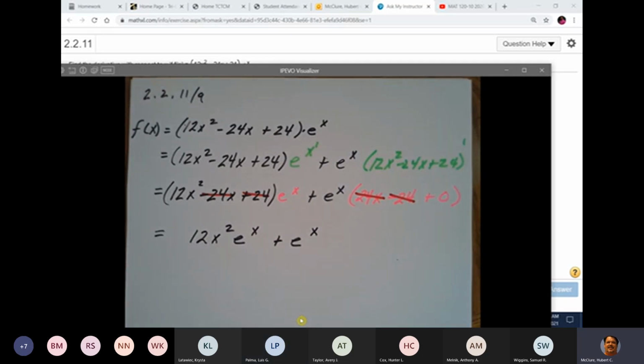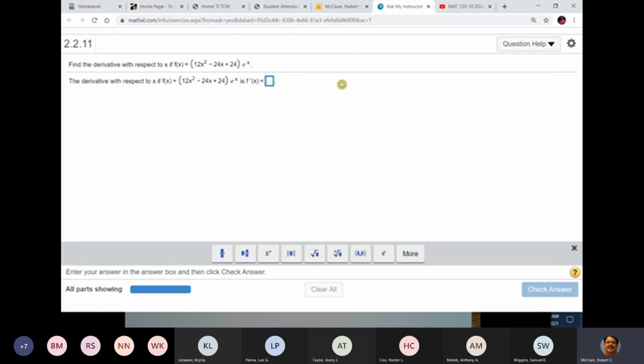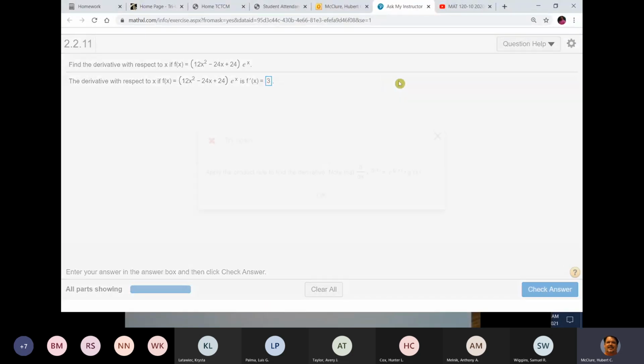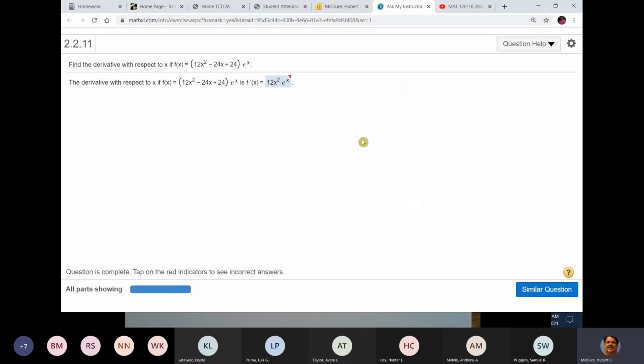Something like that. I think that's what we got. Let's see what they get for an answer. You could factor out an e to the x. They got 12x squared e to the x.